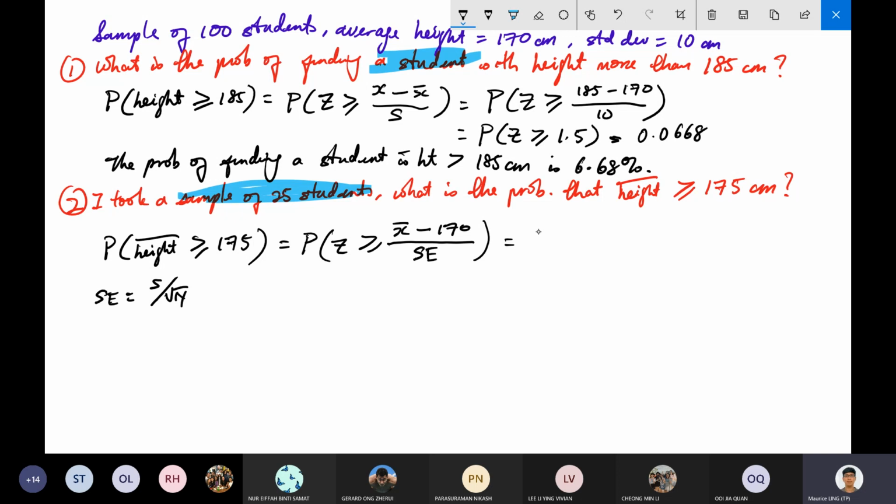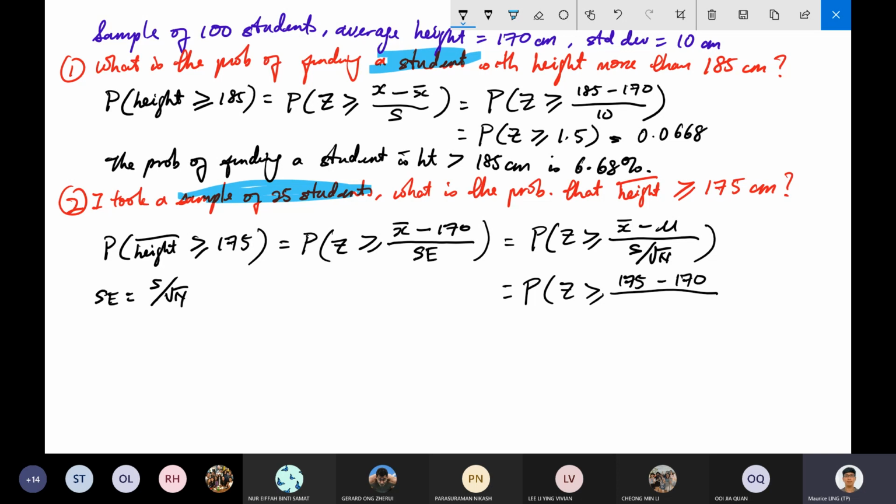So in this case, it will be x minus the mu itself divided by this, which is then 175 minus 170 divided by the standard deviation here, 10, over square root of 25.